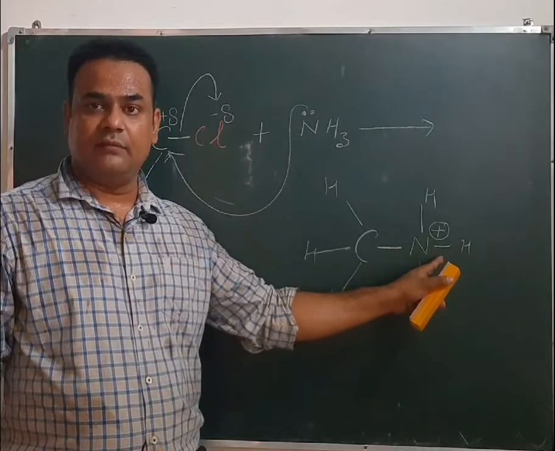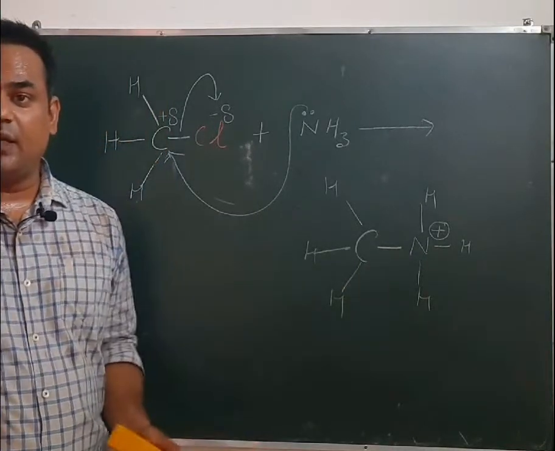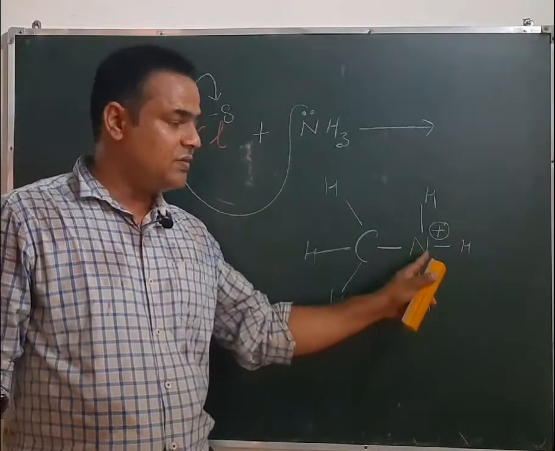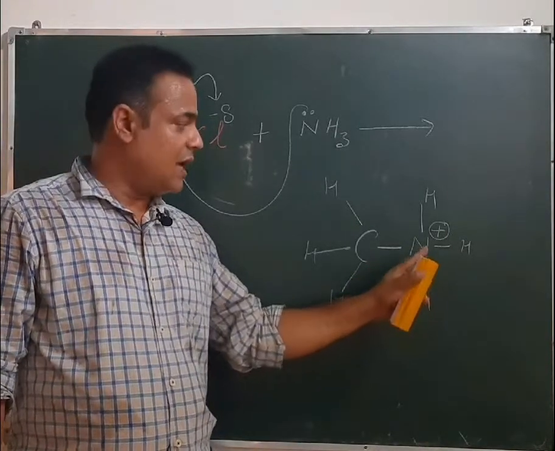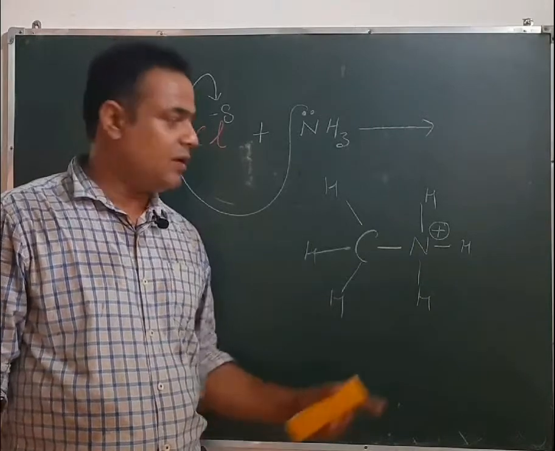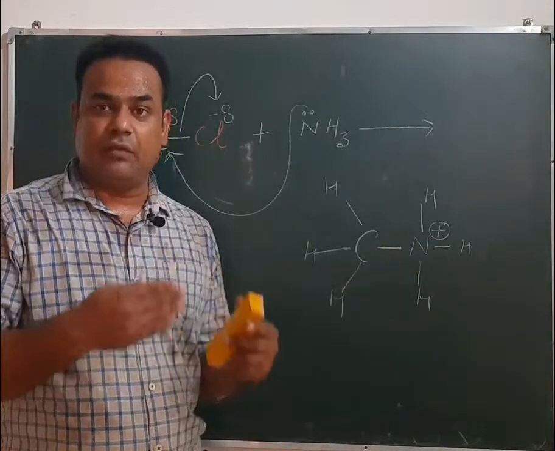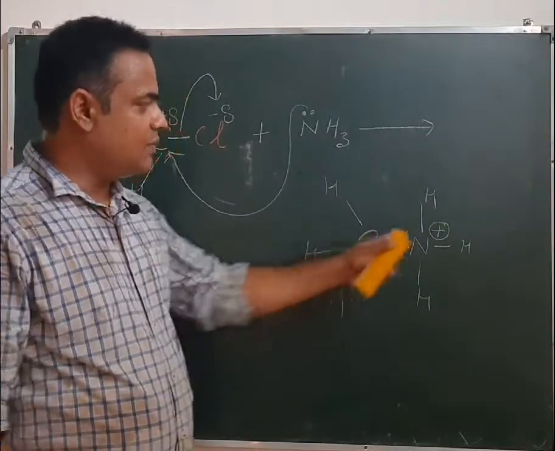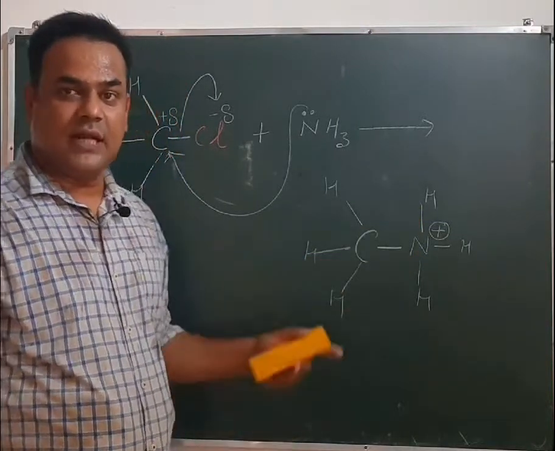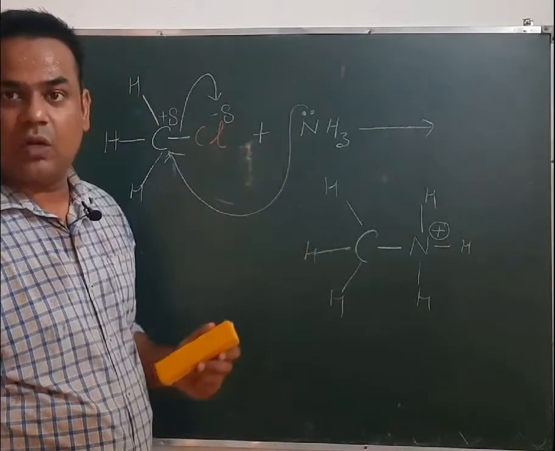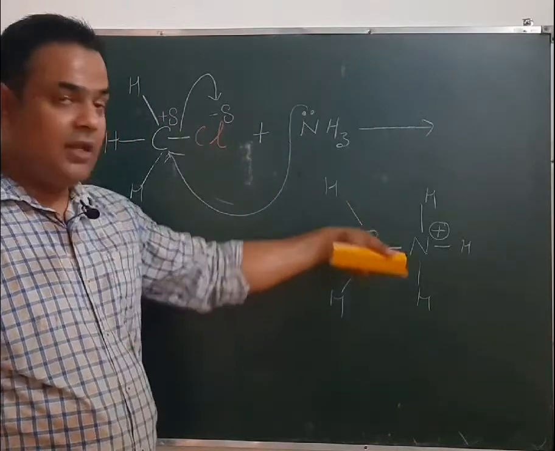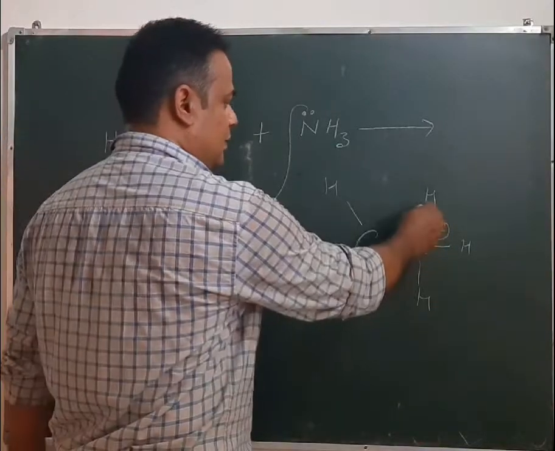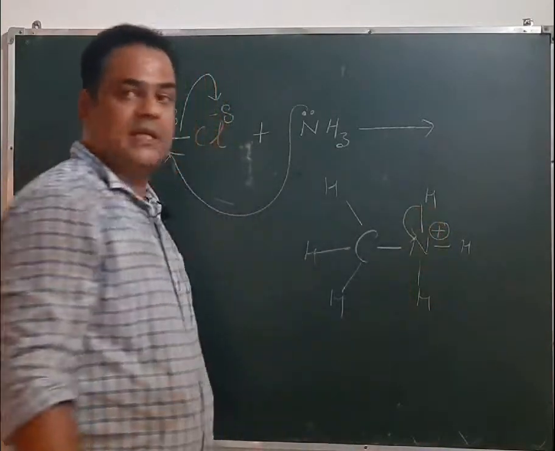Same question again: positive charge will increase the hunger of this nitrogen many times, or we may say that the electronegativity of this nitrogen will increase manifold, and due to this increased electronegativity, one of the N-H bonds will break. This nitrogen will snatch an electron from one of these three hydrogens, and because of that there will be liberation of H plus ion.